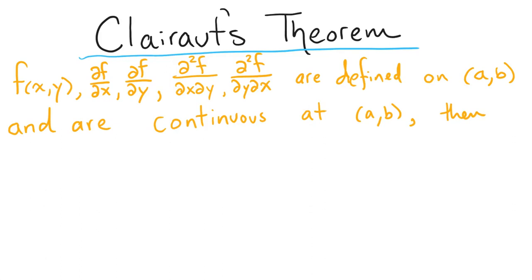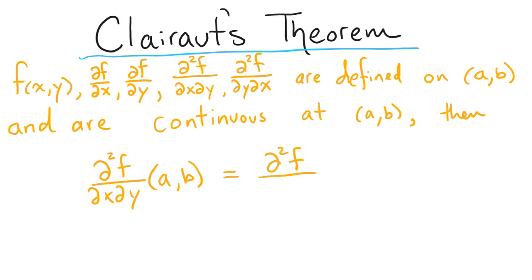Well, what that means is that the partial derivative of f with respect to x and then y, so partial x, partial y at a comma b is equal to, well, that will be partial squared f of partial y, partial x at a comma b.